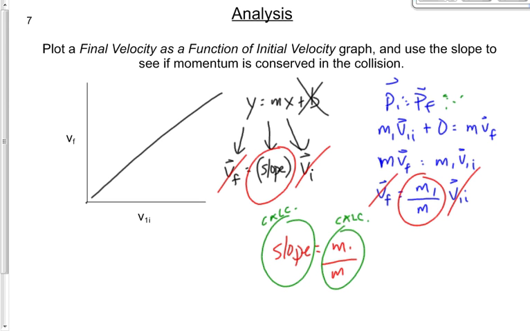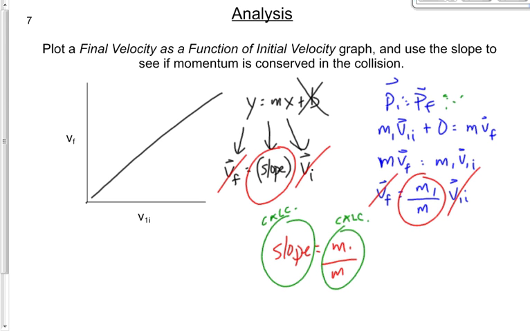If Pi equals Pf wasn't true, then we wouldn't have got two numbers that were the same. So if those two numbers are the same, then momentum is conserved, because we made an assumption that it was true. Since the two numbers worked out to be the same, the assumption must be correct.